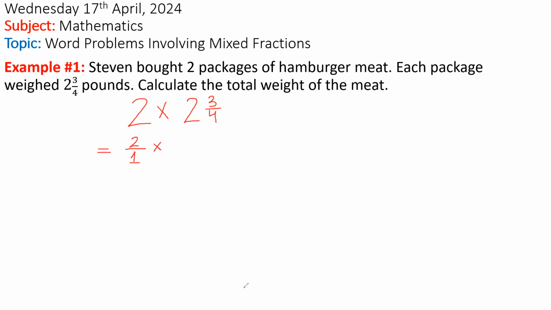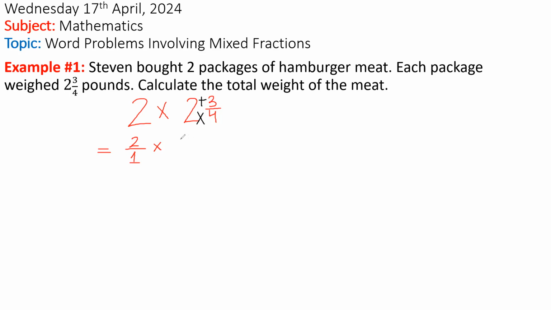So for 2 and 3 over 4, what we could do is multiply 2 and 4, and then add 3. 2 times 4 is 8, plus 3 is 11.